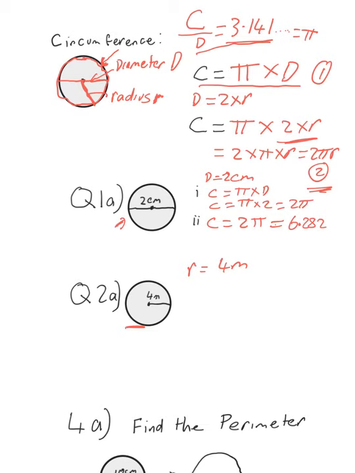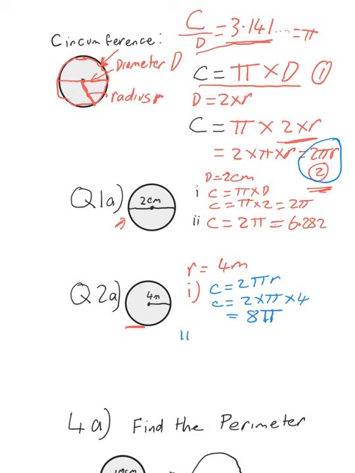Finding the answer in terms of pi, we need formula 2: C equals 2 pi r, which is 2 times pi times 4, equals 8 pi. That's all you have to do; you don't have to multiply in pi, just leave it at that.